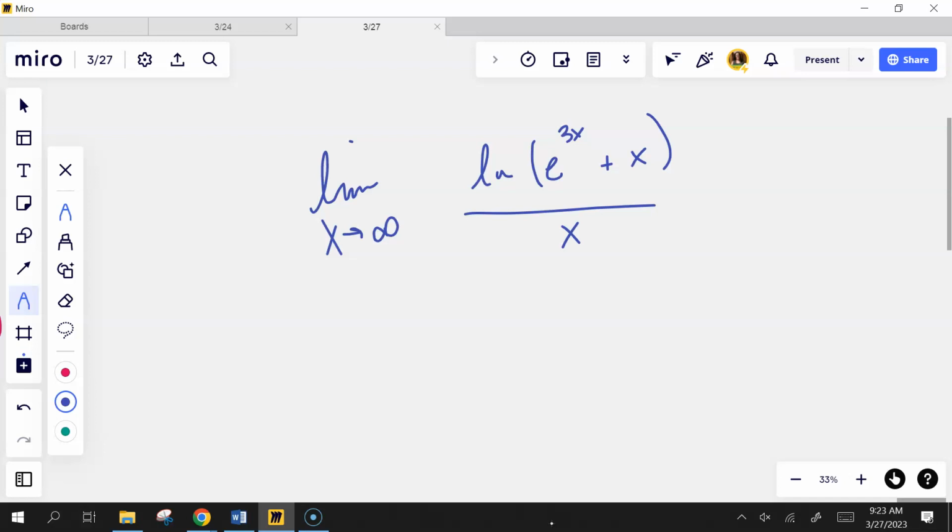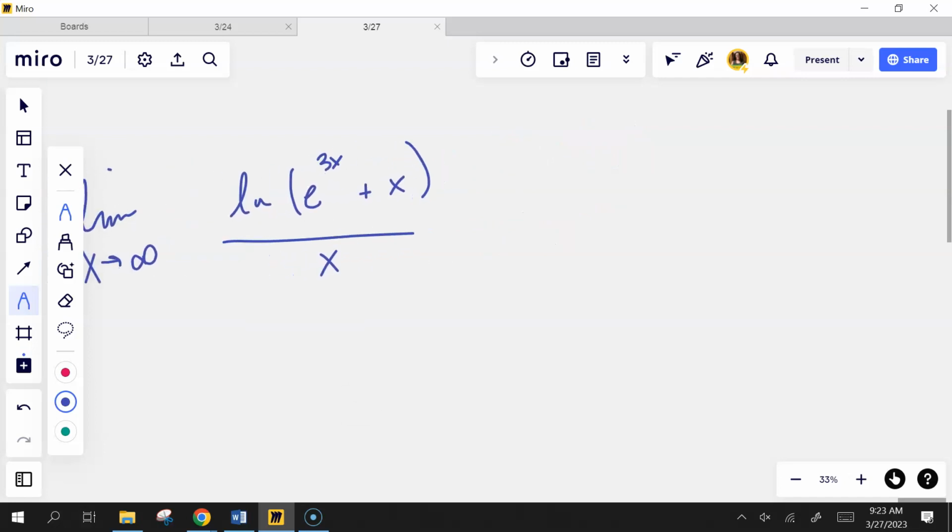If I take the log of a super huge number, I think I'm in an L'Hopital situation. Did you try to L'Hopital it? It didn't work? All right, what happens if I L'Hopital it? 1 over e to the 3x plus x times, chain rule, 3e to the 3x.